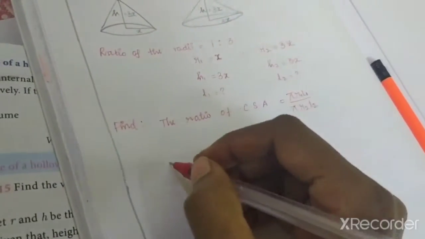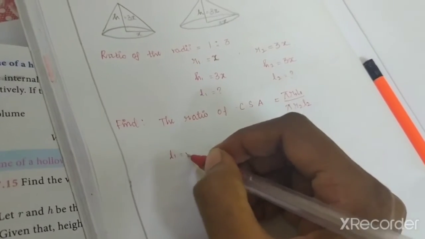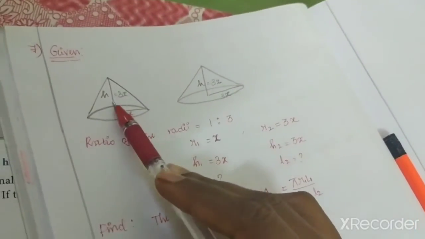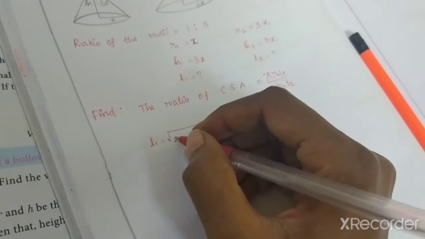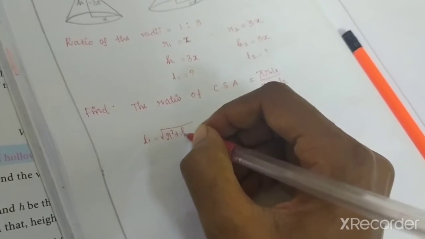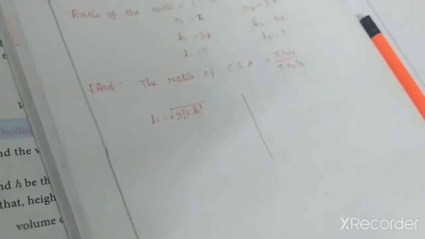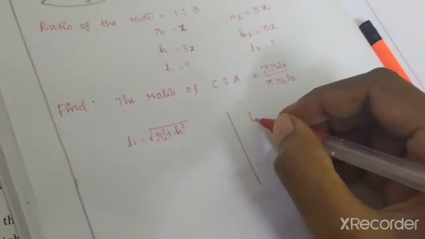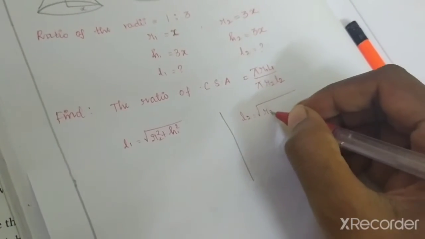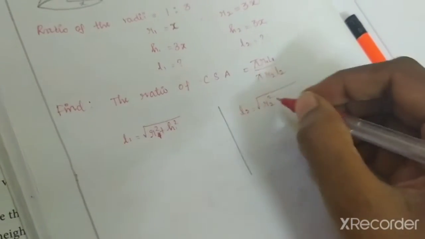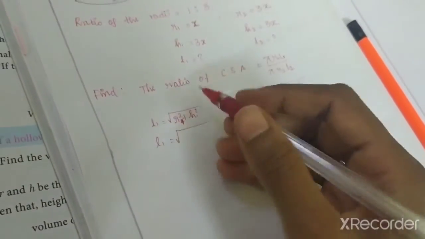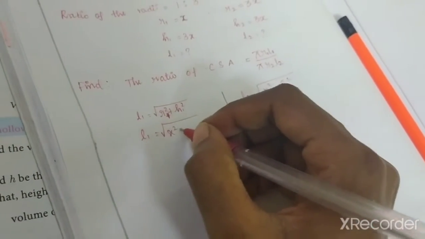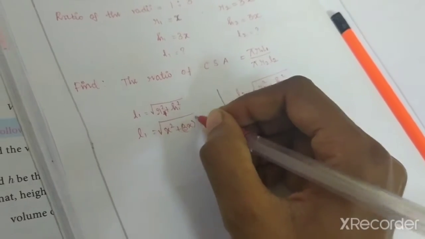So we know L1 equal to root of R1 square plus H1 square, and L2 equal to root of R2 square plus H2 square. So L1 equal to, what is R1? x square plus 3x the whole square.